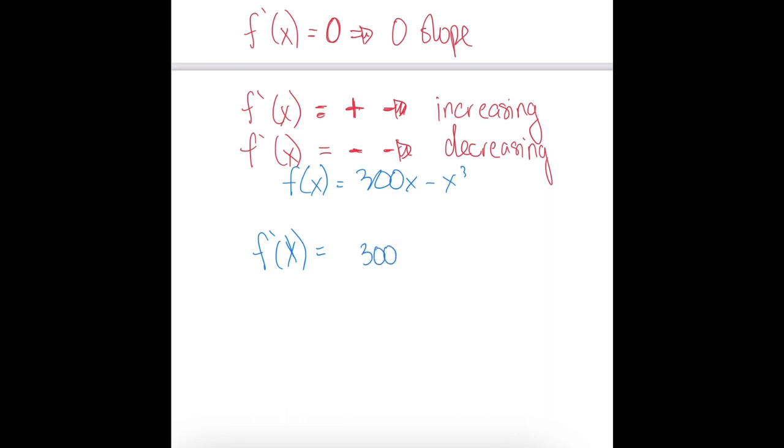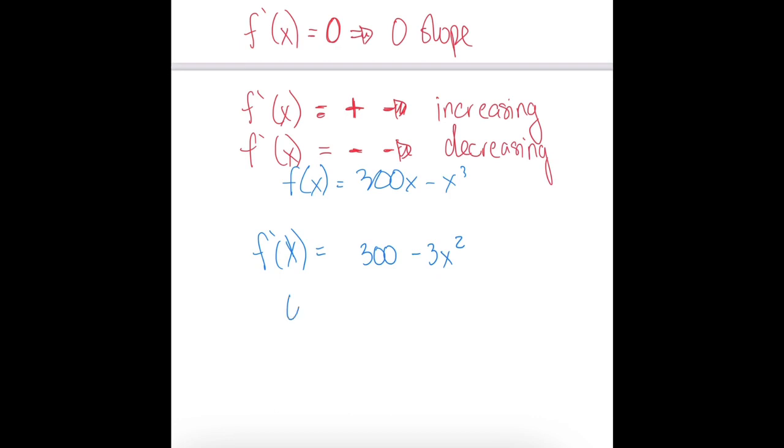What's going to be the derivative of negative x cubed? Well, we bring that exponent out to the front. We have negative 3x. Subtract 1 from our power there, and we have squared. Right? So we know that the derivative of this function is 300 minus 3x squared. Now let's figure out where that slope, or that derivative, is 0. At what values of x do we have 0 slope?